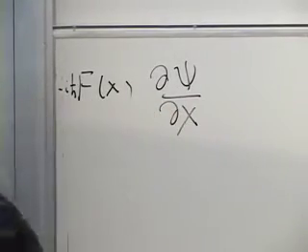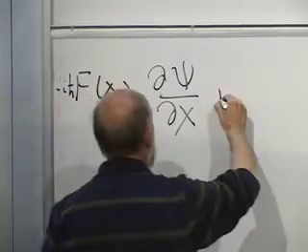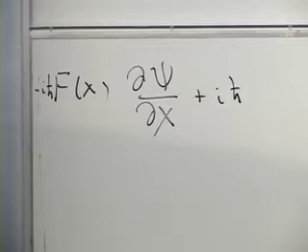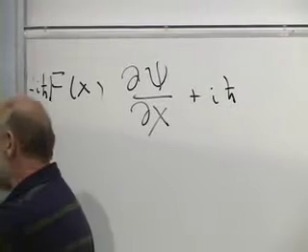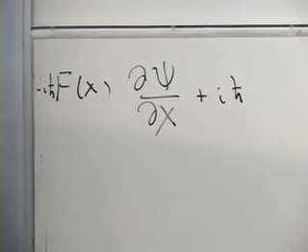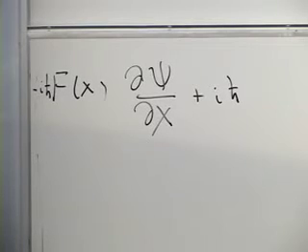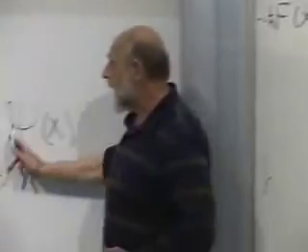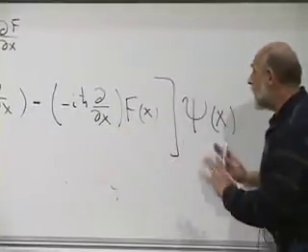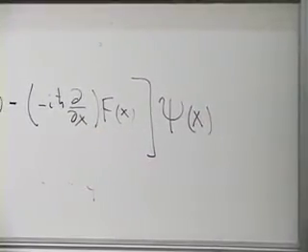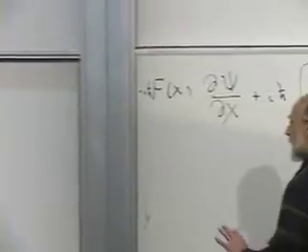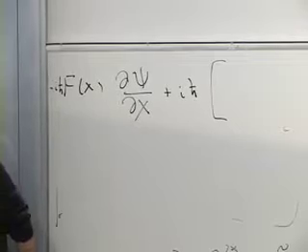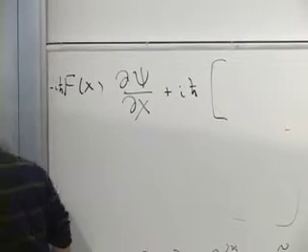So what it does is it first differentiates and then multiplies by f of x. The second term gives me a plus I h bar. Minus times minus is plus, h bar. But now the derivative operation hits the product f of x times psi. First f of x multiplies psi, and then you differentiate. You get two terms. So let's put some great big bracket around this. The first term just differentiates psi, leaving f alone.